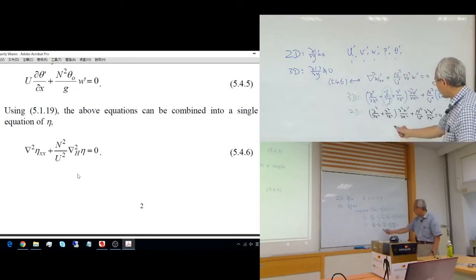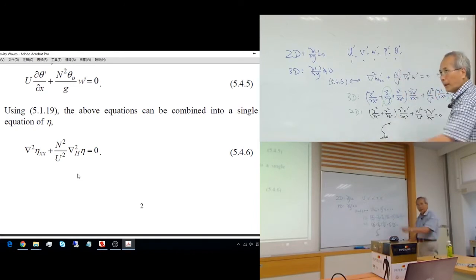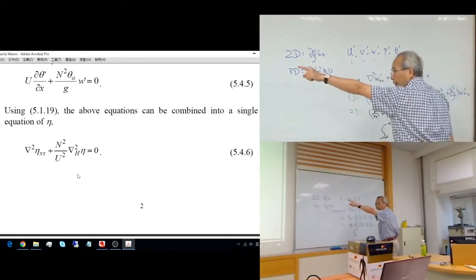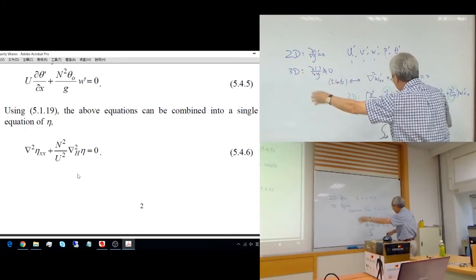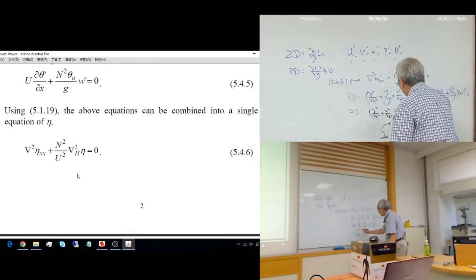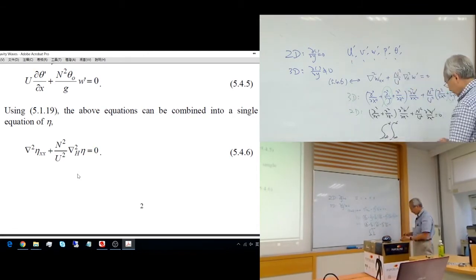You integrate twice in x, assuming zero disturbance at infinity for an isolated mountain. Then you do it twice. What does that reduce to?